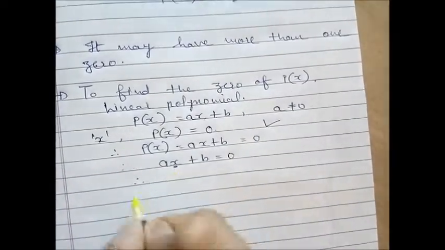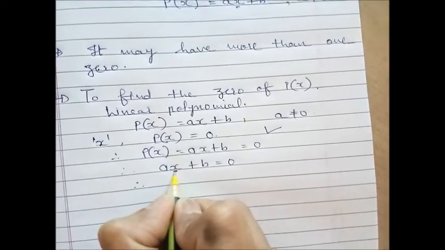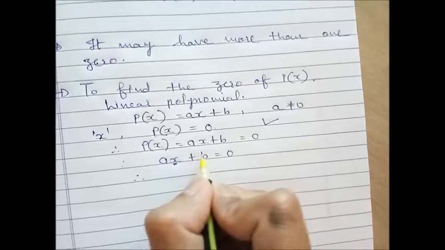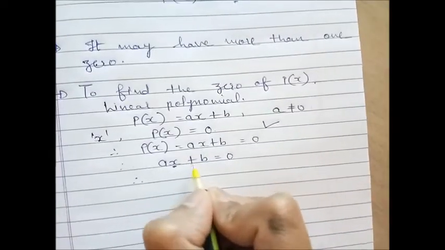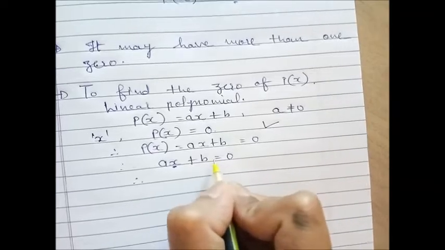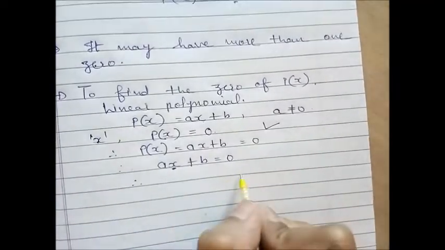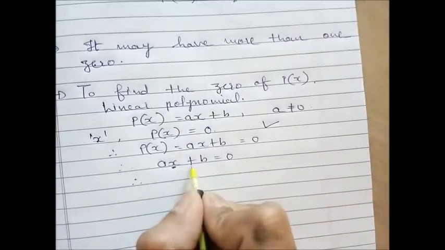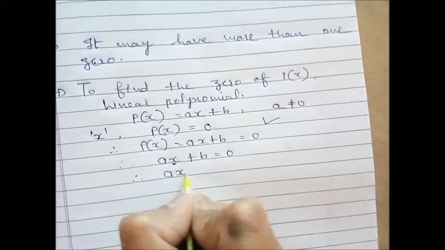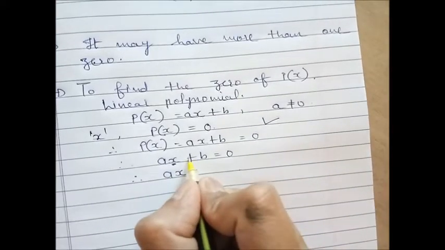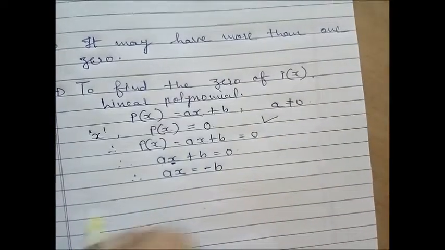We have to find x because we have to find the 0, right? So we have to find the value of x. So remaining things you write on the other side. Now when you are changing the side, plus will become minus and minus will become plus. If it is in multiplication, then it will go in division. If it is in division, then it will go in multiplication. Therefore ax is equal to, now plus b, on the other side it will be minus b.